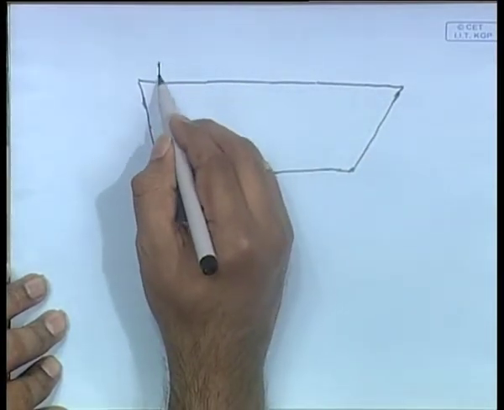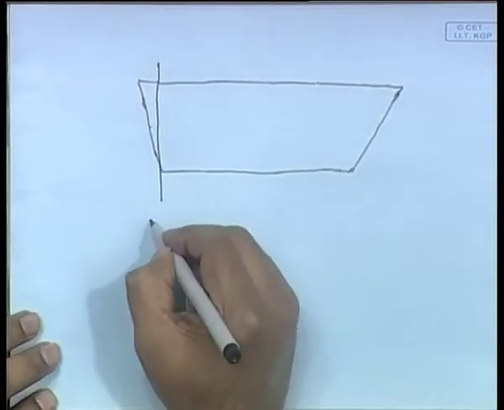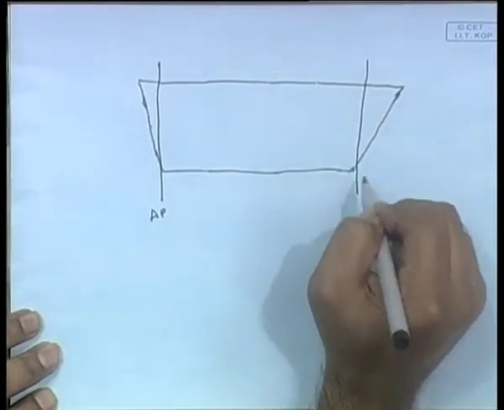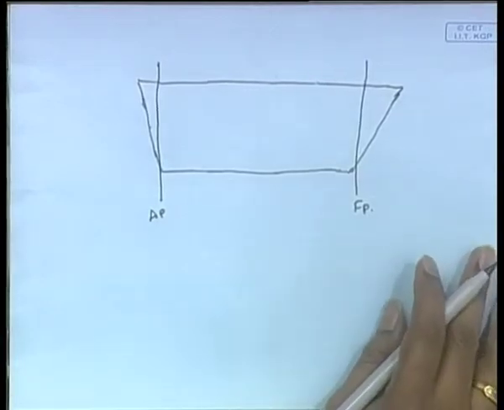So, let us assume that this is the aft perpendicular and this is the forward perpendicular. What we will do here is, I make a slight difference from the previous statements. Instead of LWL equal to lambda, this time we will assume that LPP is equal to lambda. LPP, as you know, is the length between perpendiculars.